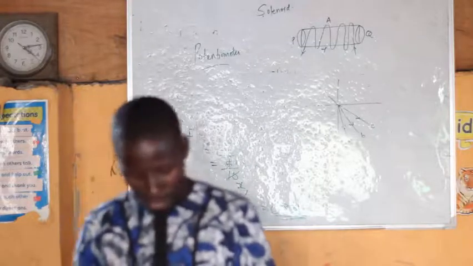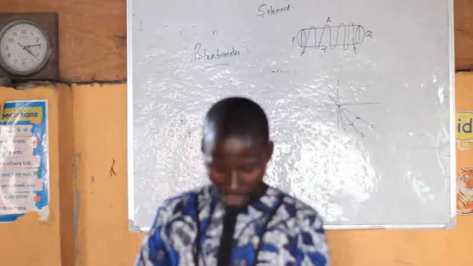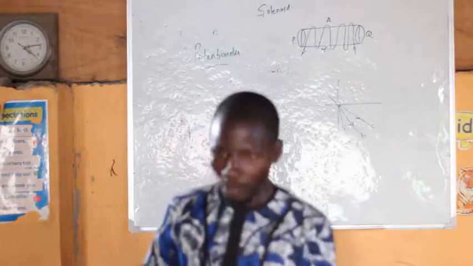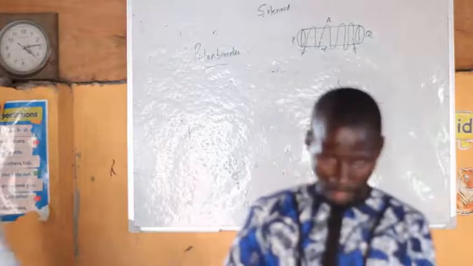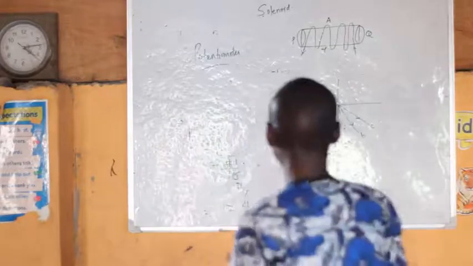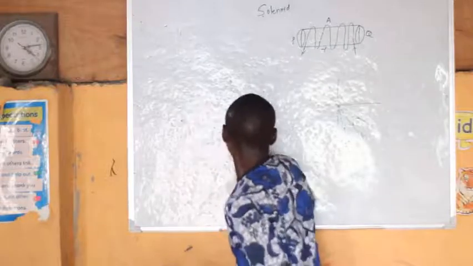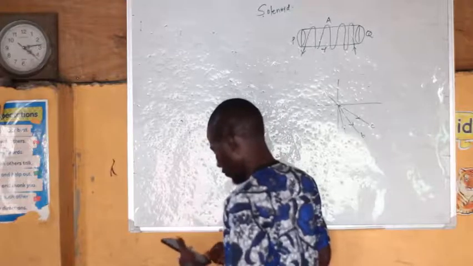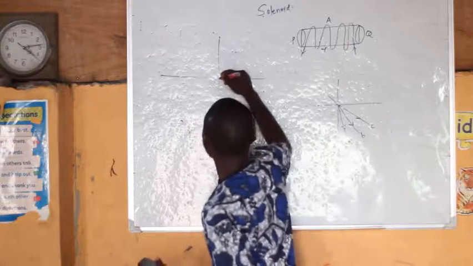In this aspect, let's go to the last question. For the last question, a diagram is drawn to show a beam formation. You have a diagram like this.